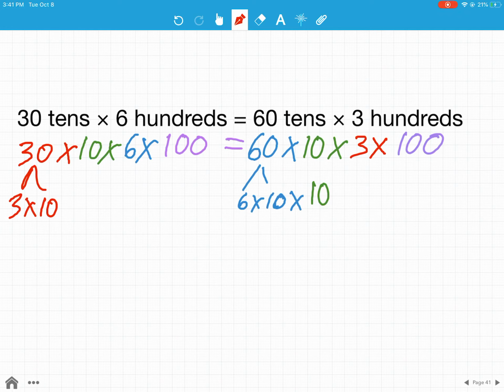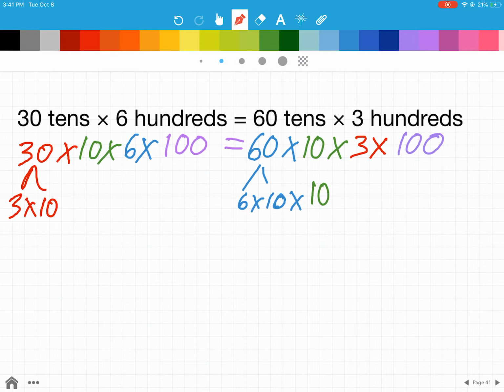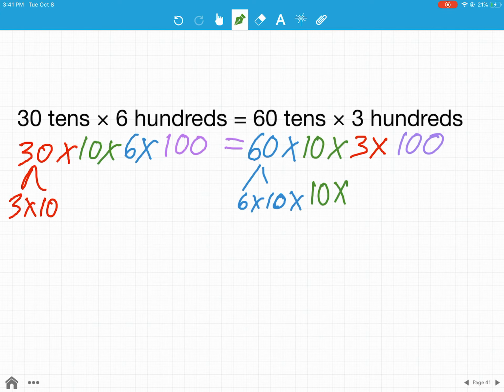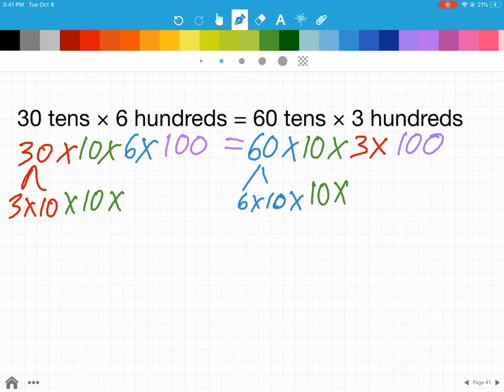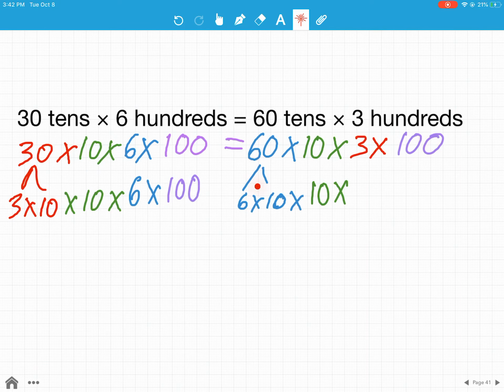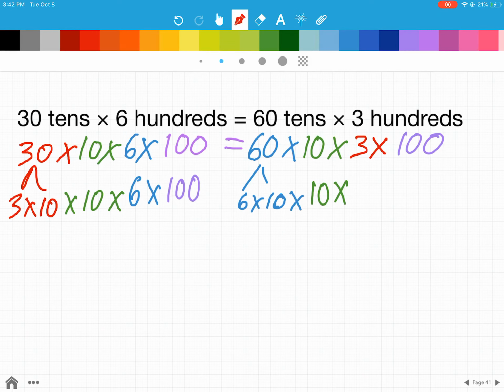And if we keep going, we can see that we have the 6 and we have the 100. So we have this and we have this. Let me finish it up over here.